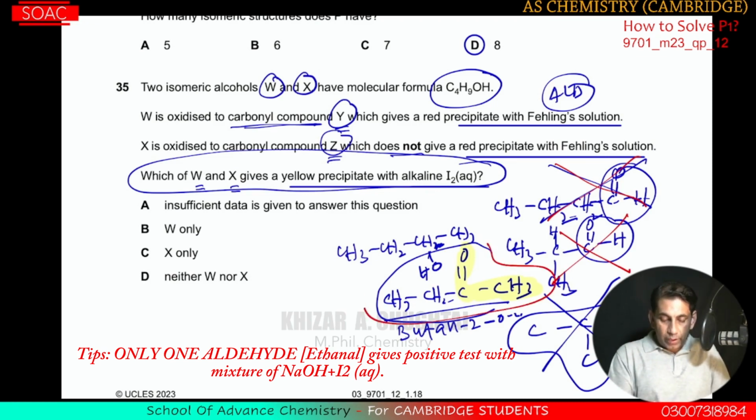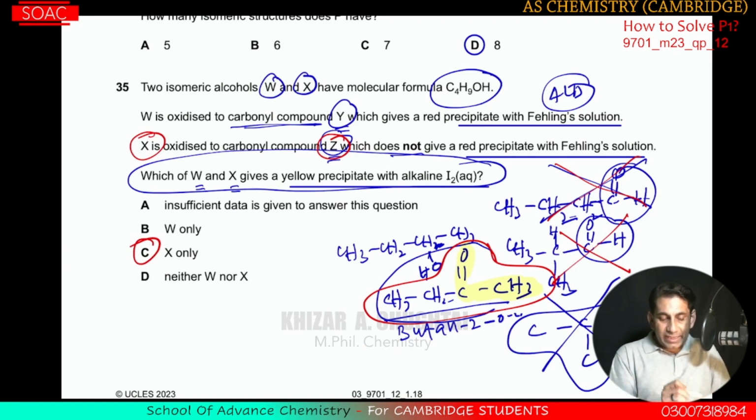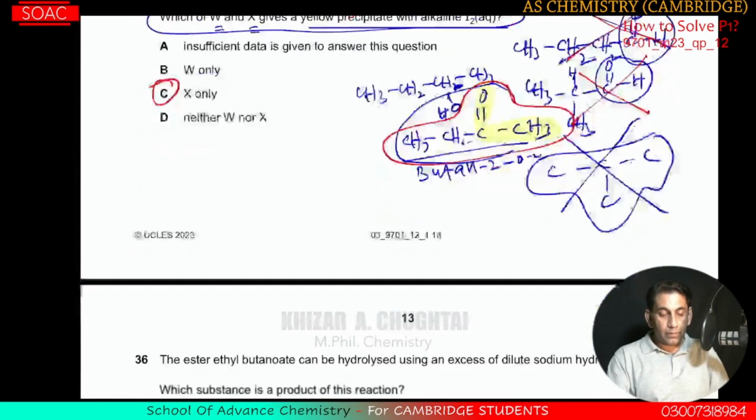So only Z, which is formed from X, can give this sort of reaction. So X is the correct option. X is going to fulfill the criteria, giving the yellow precipitate with alkaline aqueous iodine.